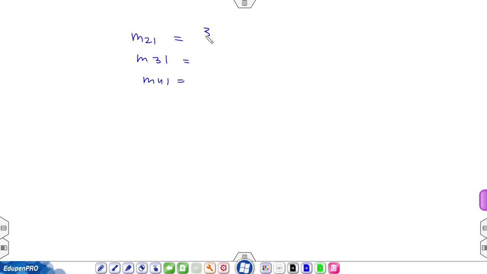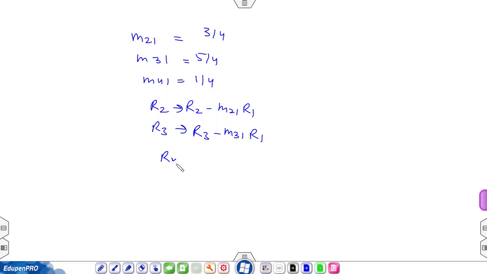M21 will be 3 upon 4, M31 will be 5 by 4, and M41 will be 1 by 4. After that, we will apply the row operations R2 to R2 minus M21 R1, R3 to R3 minus M31 R1, and then R4 to R4 minus M41 R1.